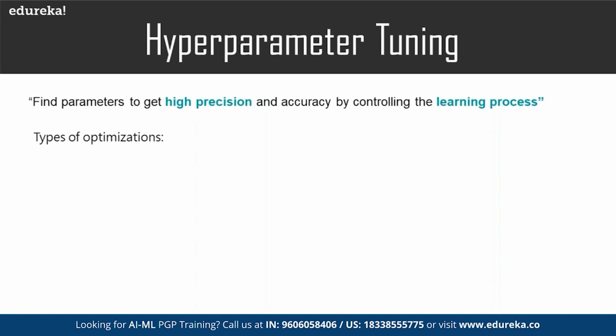So as we see here with hyperparameter tuning, we are finding important parameters as part of the algorithm. The main purpose of finding such parameters is to get high precision and accuracy.